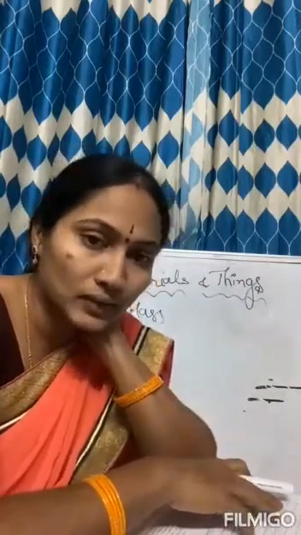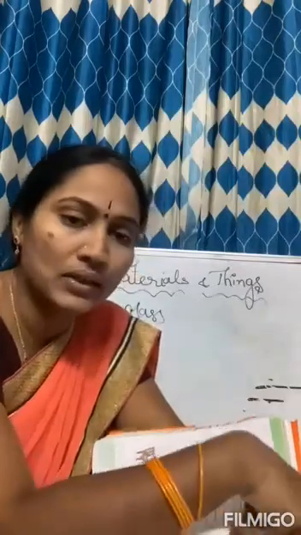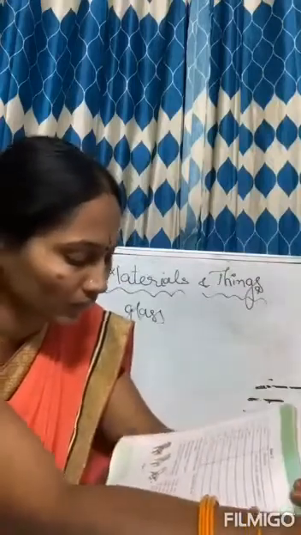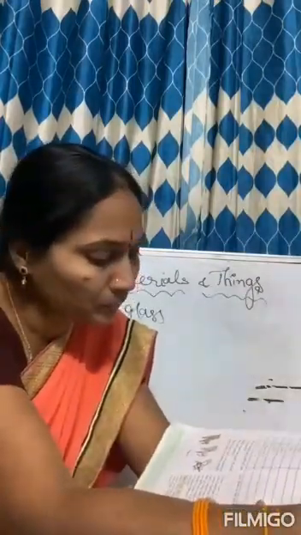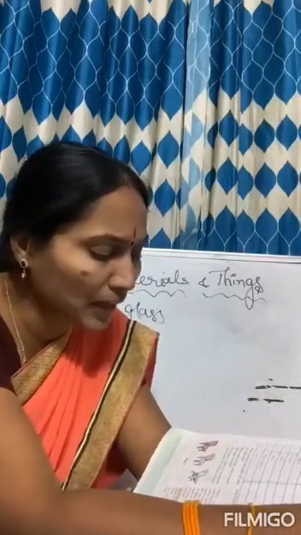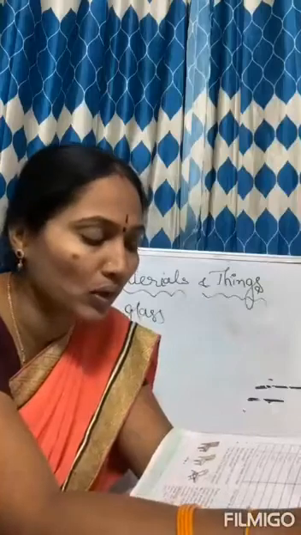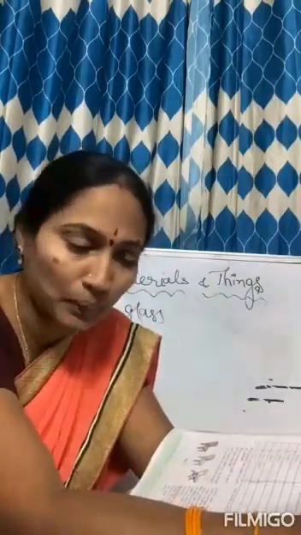With cotton, mention the lesson name, date, and write table number 2, objects as well as the material. Make a column like this and write it. Mention your name also. Now, which objects are made up of only 1 material? Towel, with only fabric you can prepare.